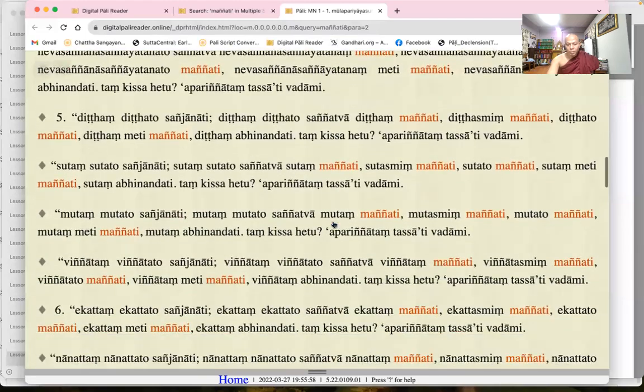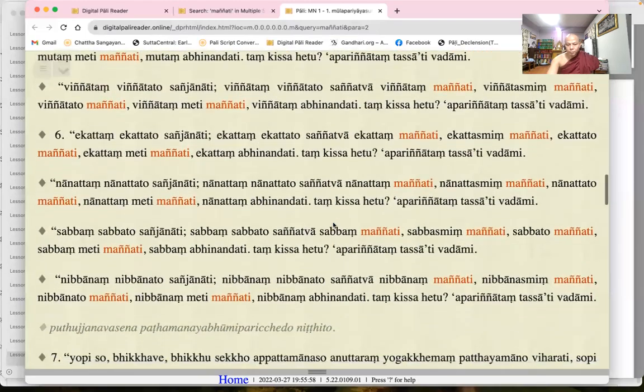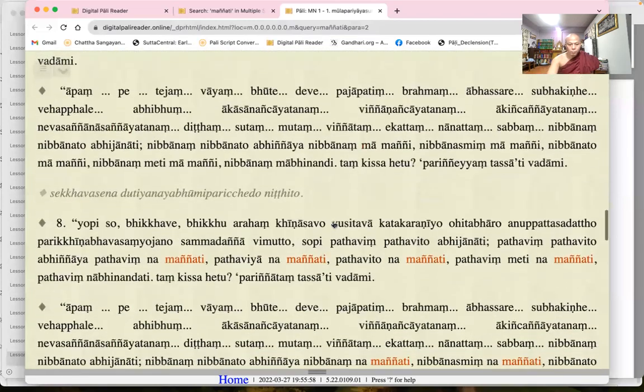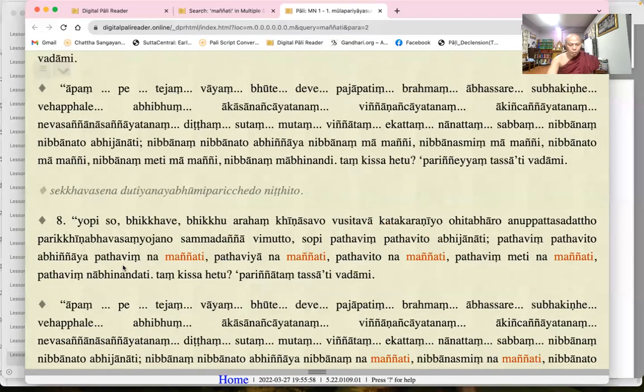So abhiññāya pathaviṃ na maññati. So having understood the earth as the earth, he does not think the earth in the wrong way.